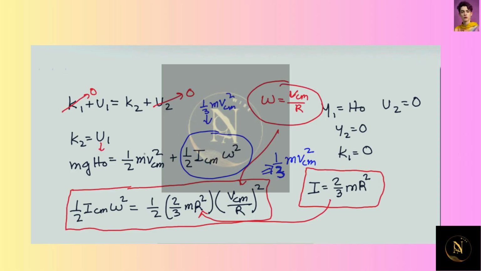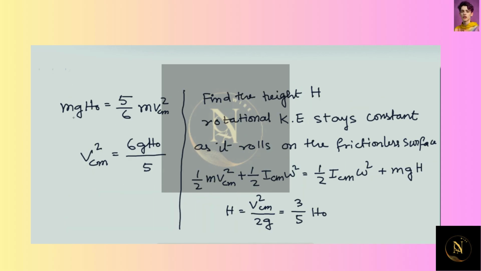If we add this with the translational term, we see that mg h naught is 5/6 m v_CM squared. From here, we can get v_CM squared as 6 g h naught over 5. Now we stop here for the first part, and we'll understand why we stopped here when we go to the second part, where we have to find the height h.